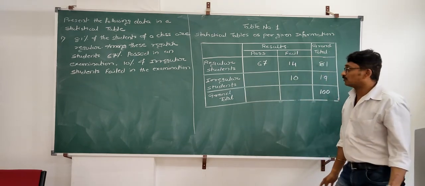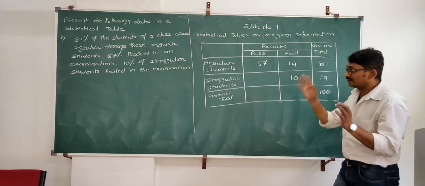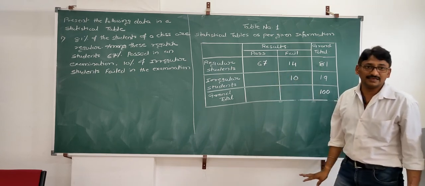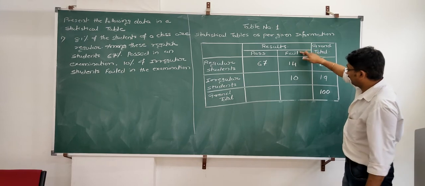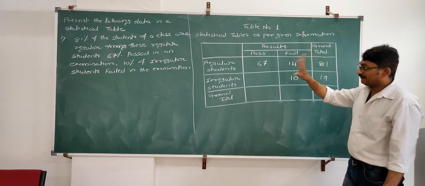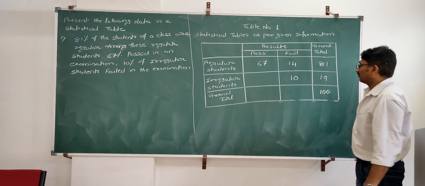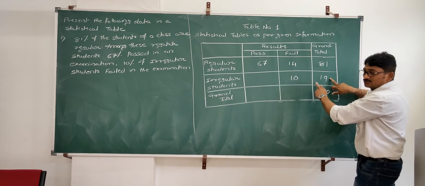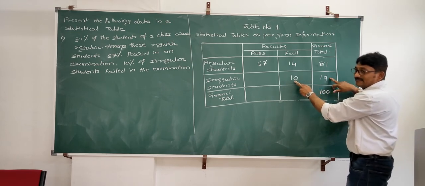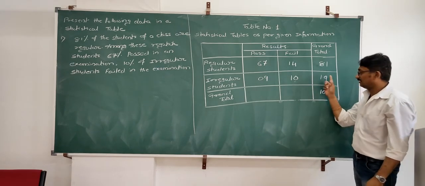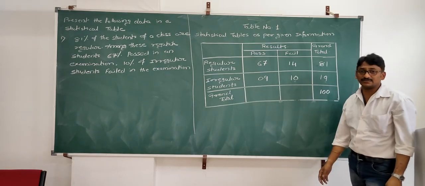They have not given the total irregular students, but they have given that 10% of irregular students failed in the examination. Information is finished, balance it now. Out of 19 irregular students, 10 failed, means the remaining 9 passed. Correct? 19 minus 10, remaining 9 passed.